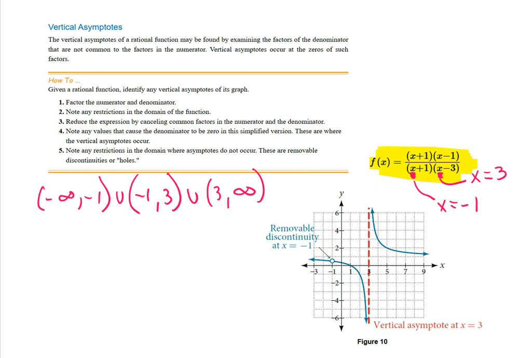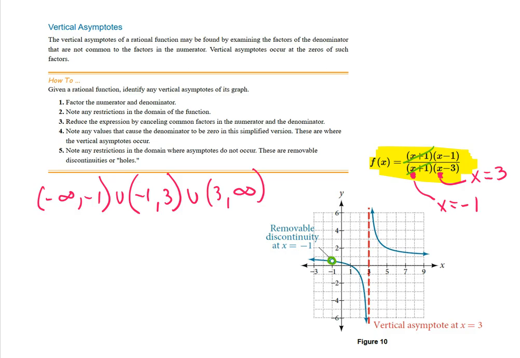Okay, that's the domain. But in terms of the graph, only one of those is a vertical asymptote. When I have the numerator and the denominator factored out, this x plus 1 and this x plus 1 cancel out, which means there is not a vertical asymptote at x equals -1, but there is a hole in the graph.